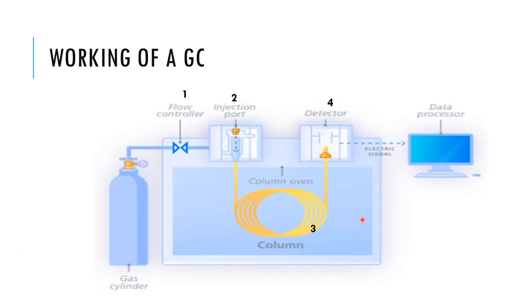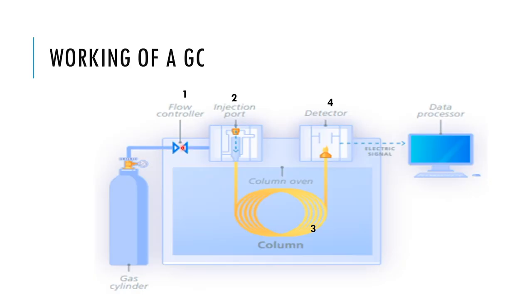So we have understood all the individual components of the GC, right? It has a high purity gas cylinder which acts as the carrier gas. It flows through the column and helps in elution. There is a flow controller, which helps in controlling the gas flow rate and also has an indicator.